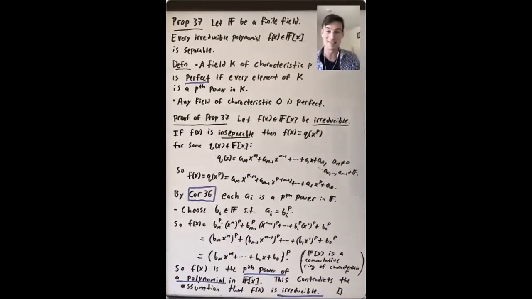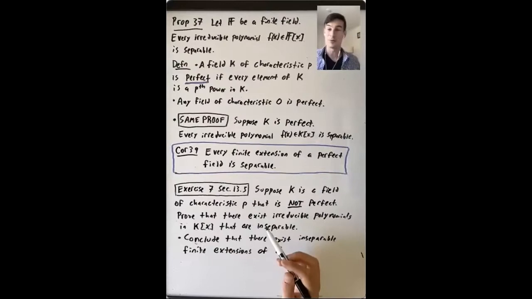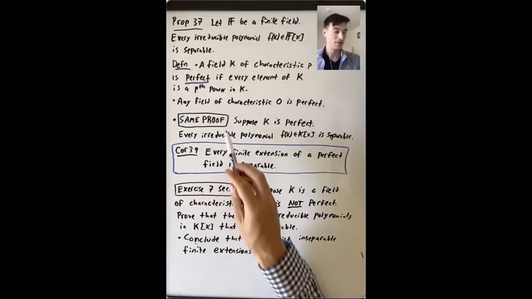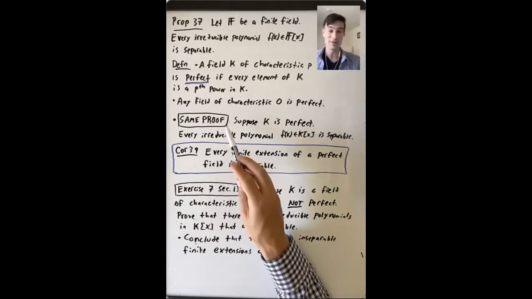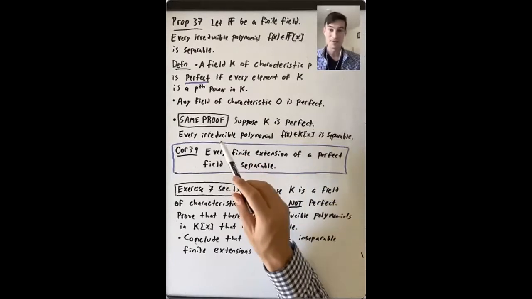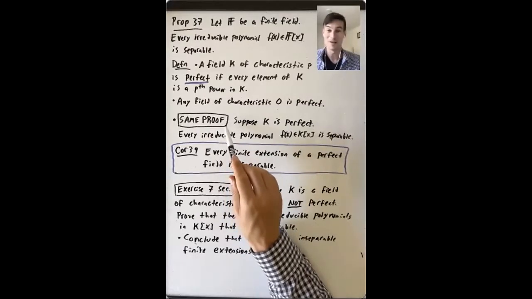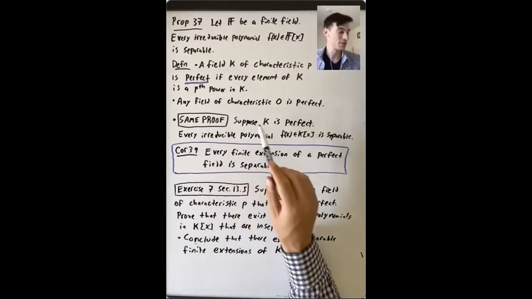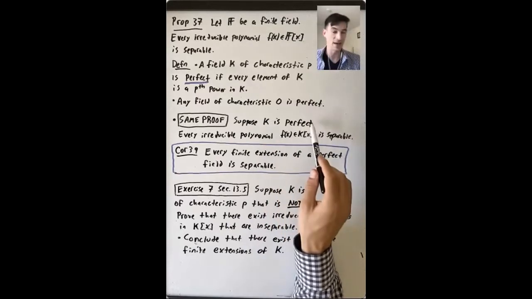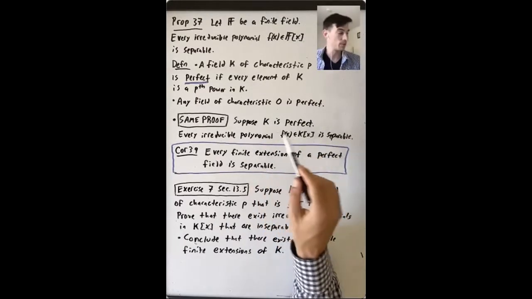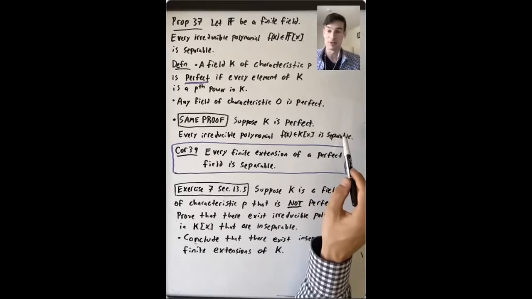So I'll pause and erase and write down the last few things of this lecture. We've proven that if F is a finite field, every irreducible polynomial in F[x] is separable. And we've seen that the important thing really was that every element of F was a pth power in F. So the same proof, almost exactly, shows that if k is perfect, then every irreducible polynomial in k[x] is separable.